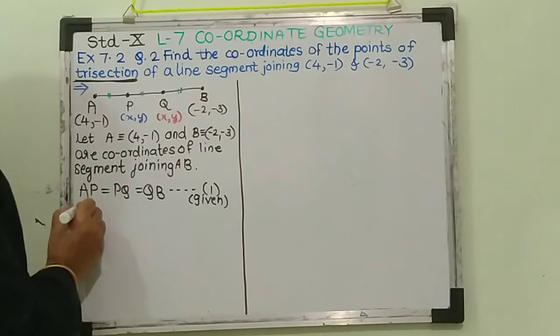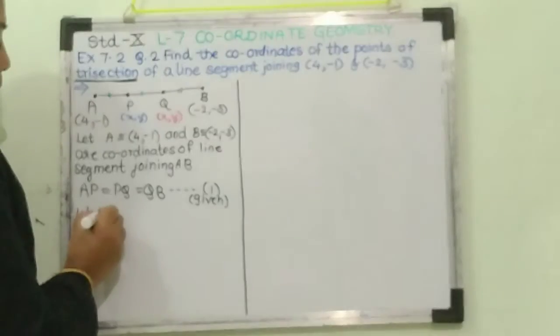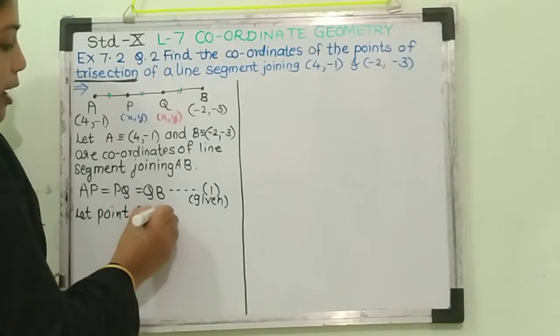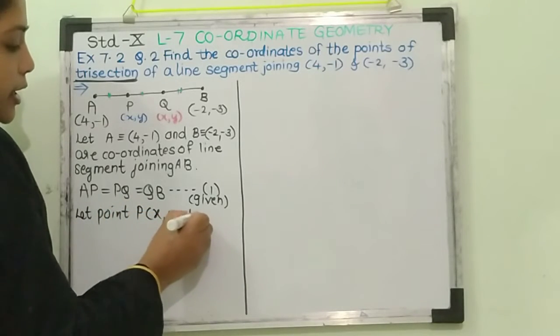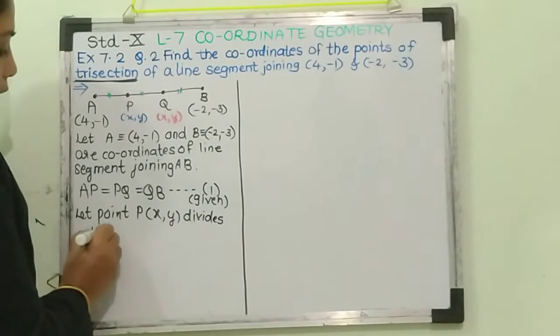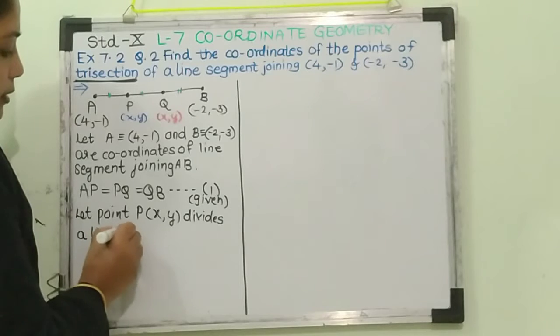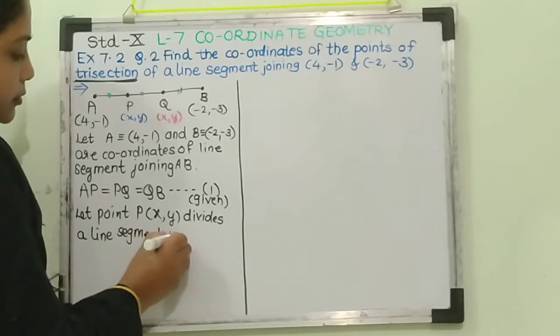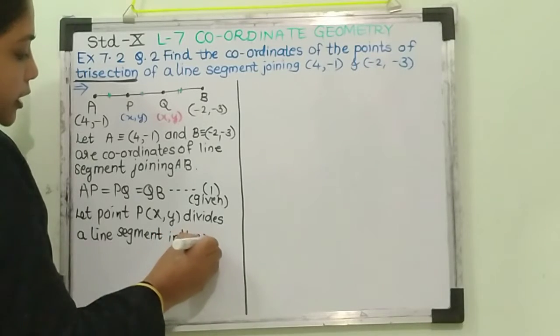First, let point P (x, y) divide the line segment in the ratio.